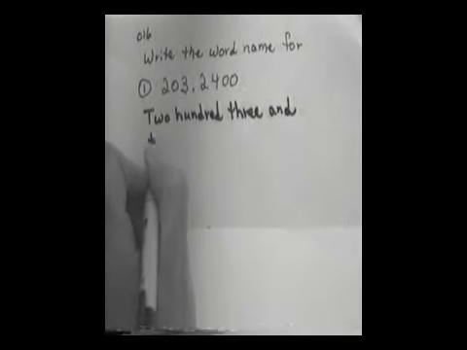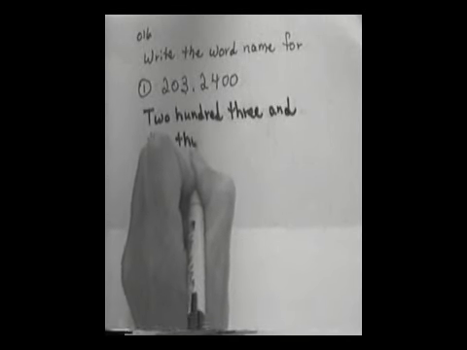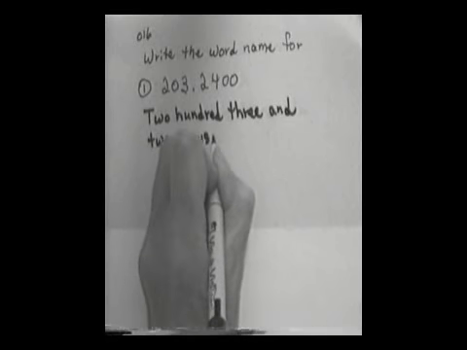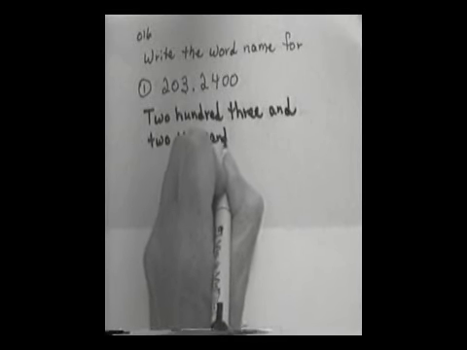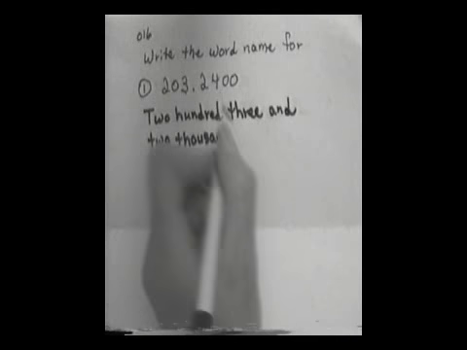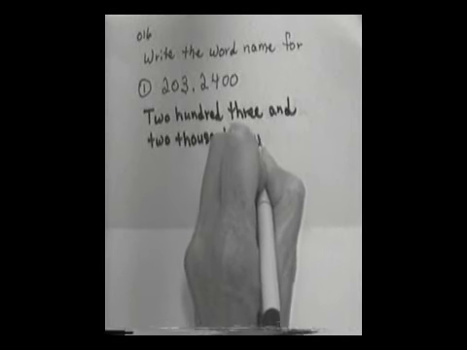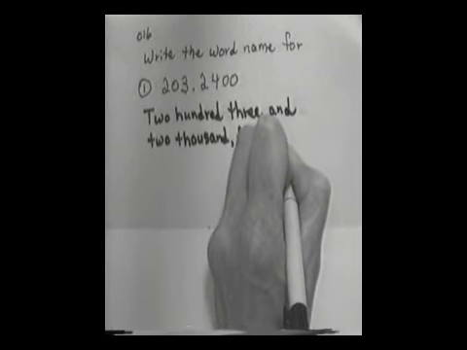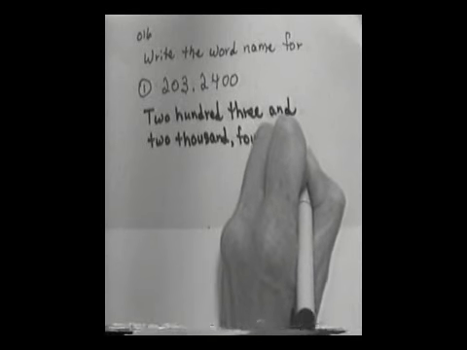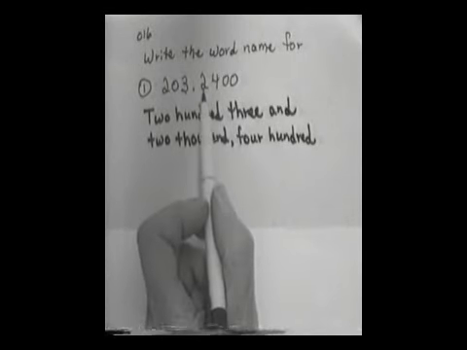So we write 2,400. 203 and 2,400, and then we put the name of the place that we have.